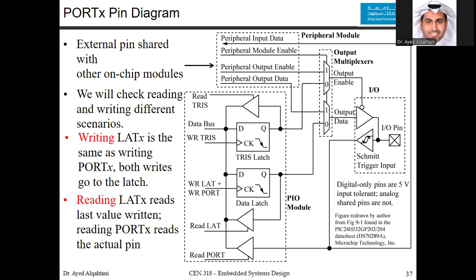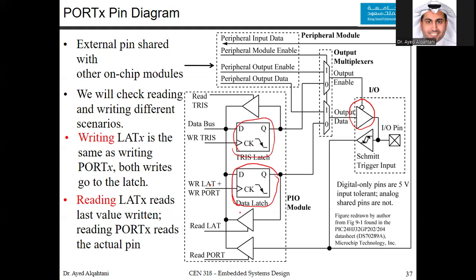You can see some of what we discussed in the past slide. You have this tri-state buffer. You also have this latch for the TRIS, and you have only a single one of these latches, or actually it's a flip-flop. This flip-flop for the TRIS, and this flip-flop for both the LAT and the port. And now we can see the difference.